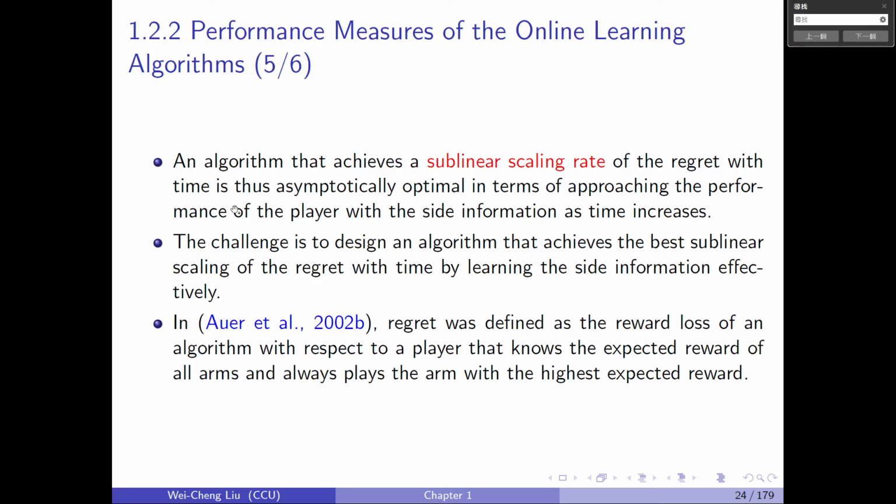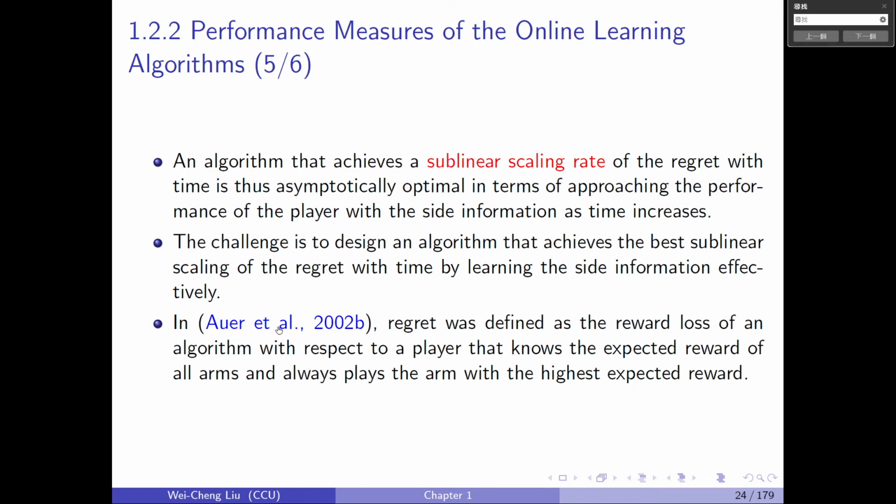Of the regret with time is thus asymptotically optimal in terms of approaching the performance of the player with the side information as time increases. The challenge is to design an algorithm that achieves the best sublinear scaling of the regret with time by learning the side information effectively.